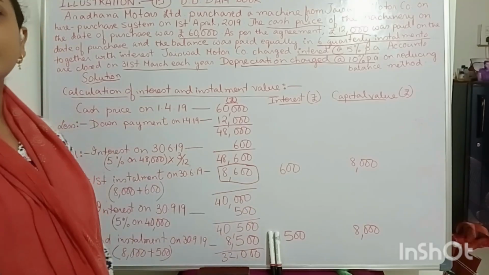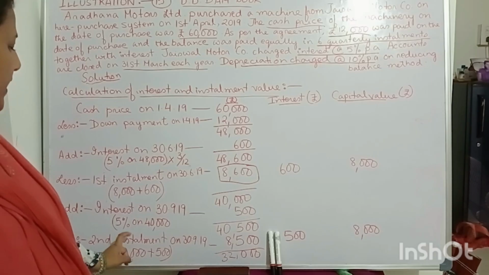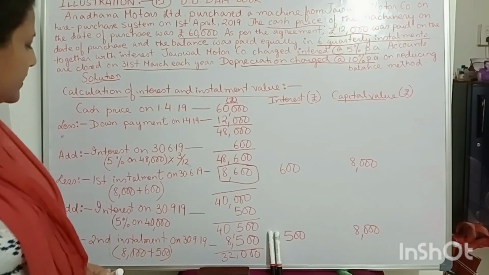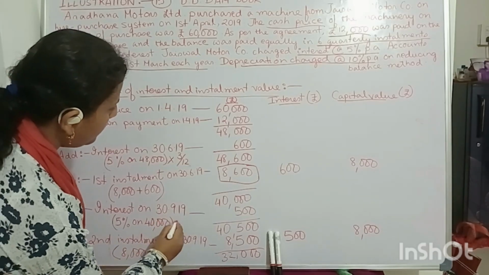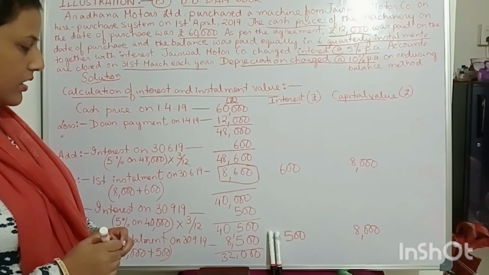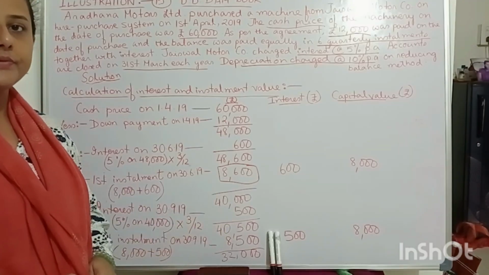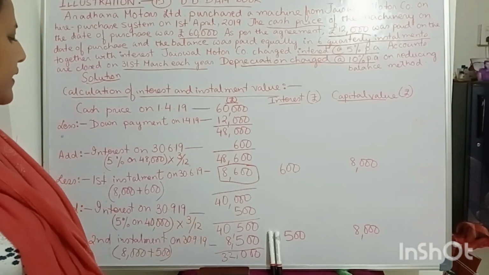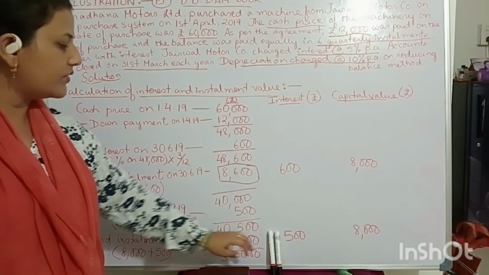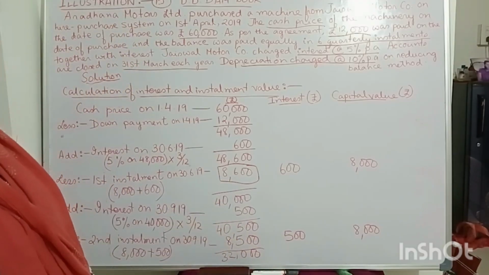Again interest is calculated and the installment value is taken out. So again it is 5% on 40,000, multiplied by 3/12, that is for 3 months. So when you calculate, you will get rupees 500. So that should be added up. So how much you get? 40,500.